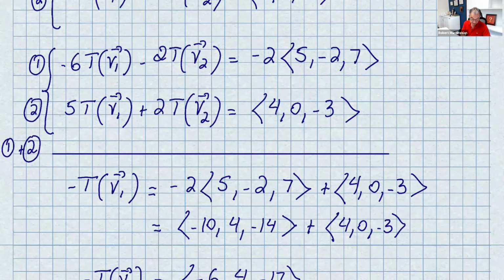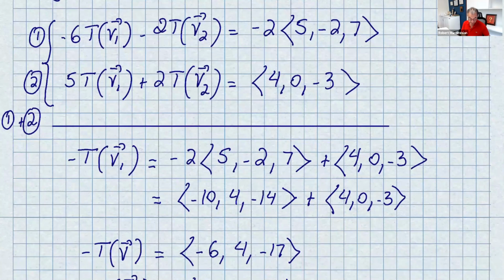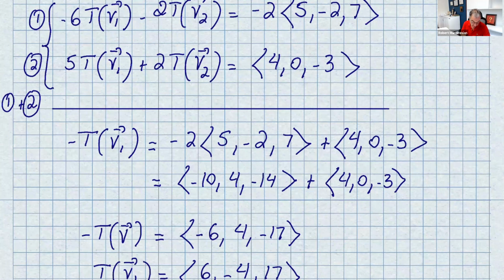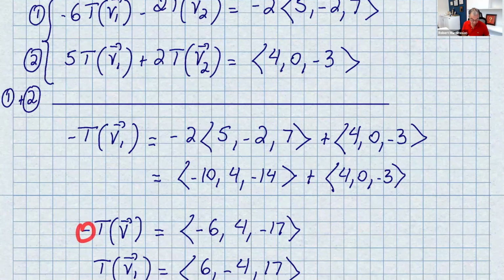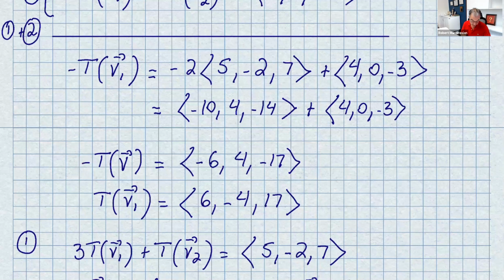So what we have is -2 times (5, -2, 7), plus that one. These are just vector addition and multiplication. Then you simplify: this becomes (-10, 4, -14) plus (4, 0, -3). -10 plus 4 is -6, 4 plus 0 is 4, -14 plus -3 is -17. That's -T of v1. So T of v1, you just change all the signs. You get (6, -4, 17).